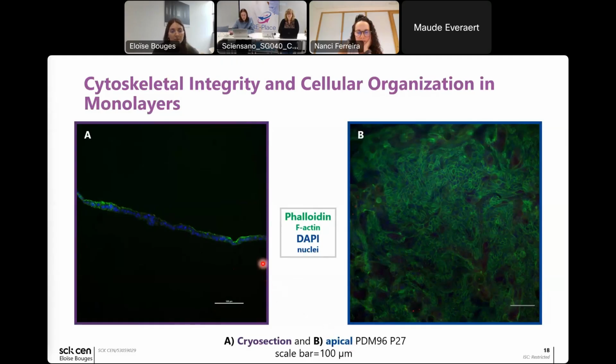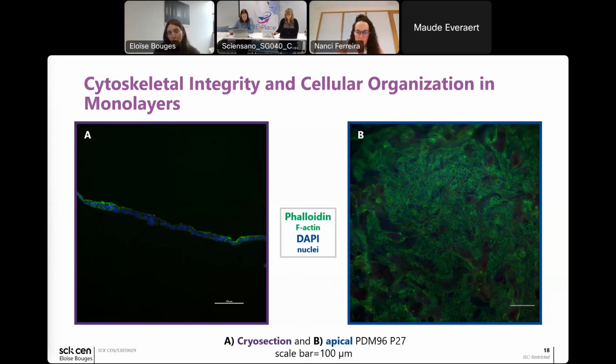And you can clearly see here that there is a polarization of our monolayer with the nuclei being located on this side where it's the bottom of the transwell. On the right here, you can also see an apical view of this monolayer, just to have also an idea of how it looks from that point.